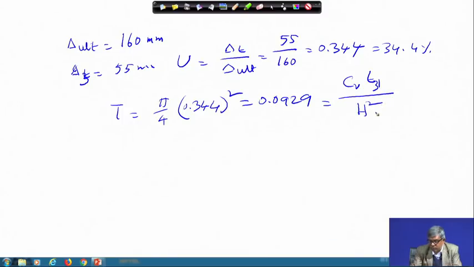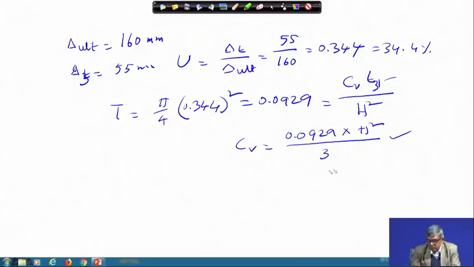From here I can get C V equal to 0.0929 into H square divided by T, 3 years. H is also known, so you can put the value and calculate, but I am not doing that because I can substitute this.